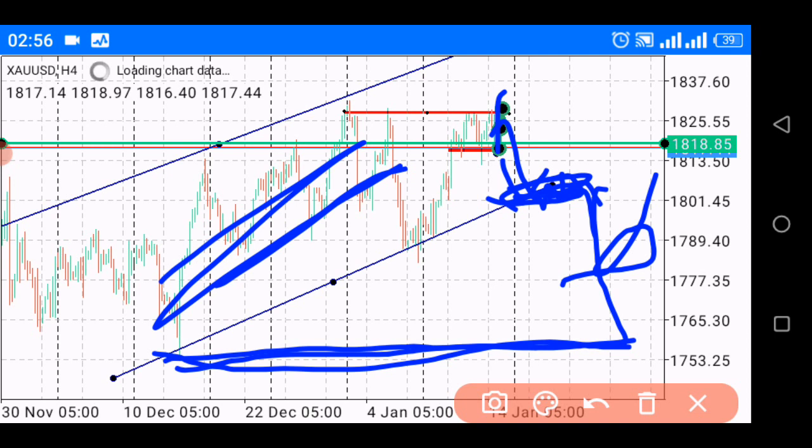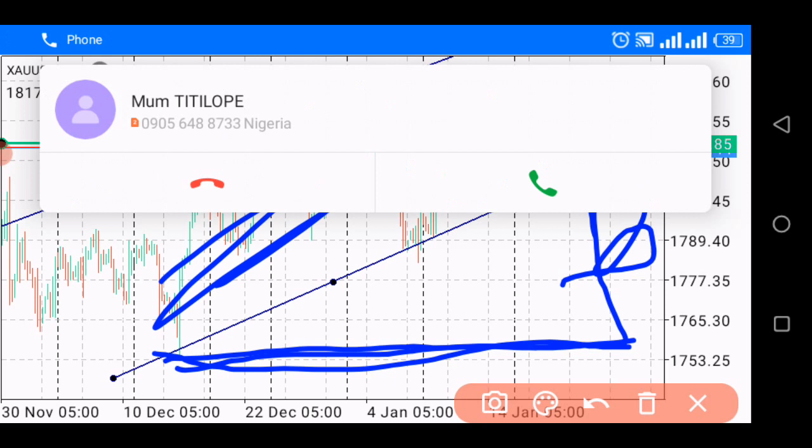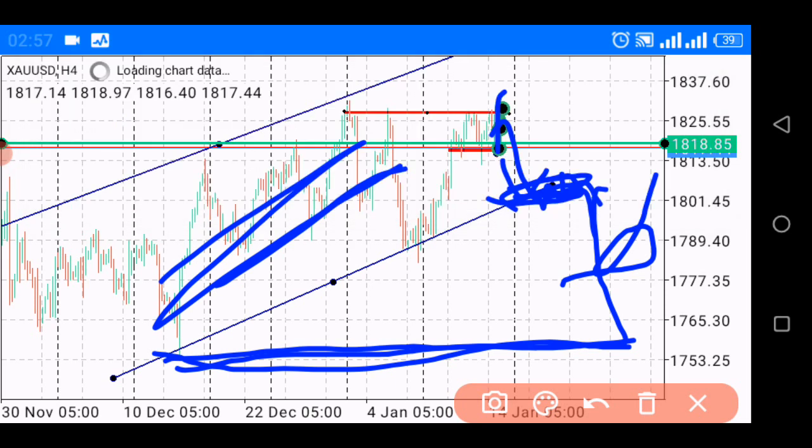In 30 minutes or 1 hour, that candle will close. So except for news, before the market is going to reverse, the market is going to give you a signal.